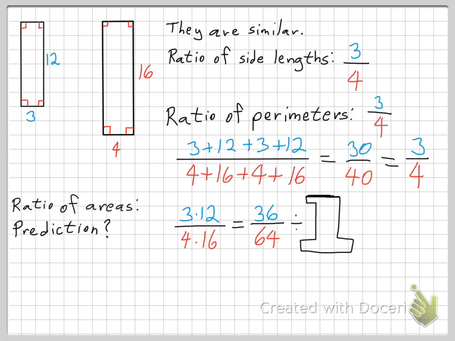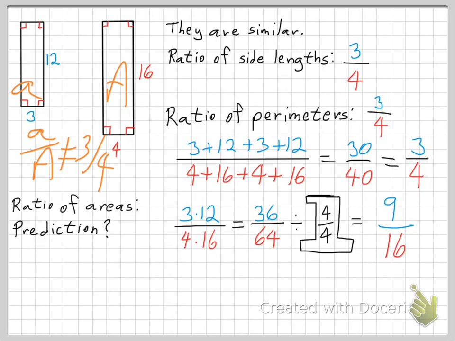But I'm going to reduce it by 4 over 4, and 4 divided by 4 is 1. So I'm not changing the identity of this number, I'm just reducing it. And that comes out to be 9/16. So the ratio of their areas, say if this is little a and this is big A, was not 3/4. It was 9/16.